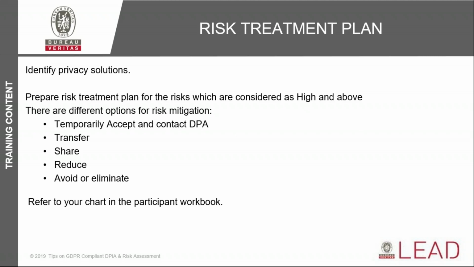But you can do whatever you want, really. If you can justify it, if you are comfortable with that, if you have taken it through your accountability principle implementation activities within your organization, then you can be confident that what you have done is correct.